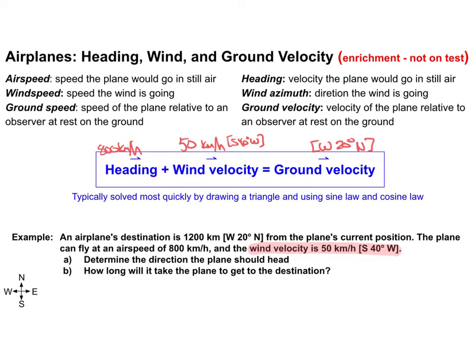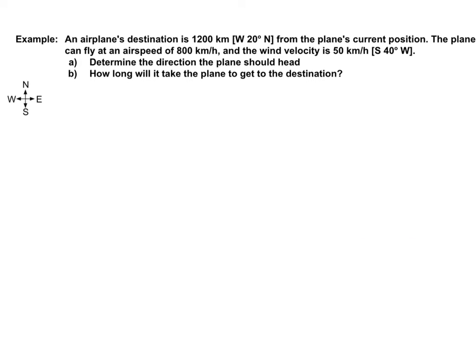So I think the best way to do this is actually to draw out a triangle and just solve for some missing sides and angles. So let me show you how that works. I'll just recopy the formula. So it's the heading plus the wind velocity is going to equal the ground velocity.